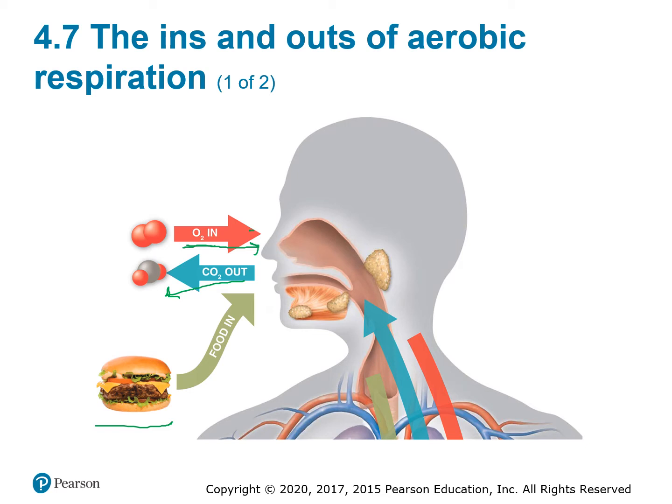We need ATP for that. The chemical energy from food is going to provide the energy, but before we can actually use that energy, we need to make it in the form of ATP.